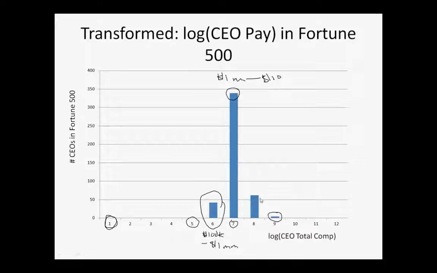So these are guys making $1 billion and over. We could say that these guys are not that unusual on the log scale, right? They actually look like they're part of the distribution. So this has allowed me to better examine my data, and now I've got a much neater sort of box plot. If I were to plot this data, it would look nice and neat, just like I like it to.